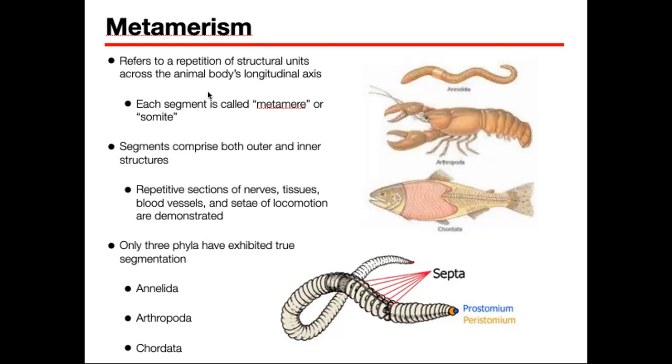So this is basically a repetition of structural units across the body of the animal. Each of these segments is what we call a metamere or somite. Okay? And segments comprise both outer and inner parts, not just inside. This can include repetitive sections of nerves, tissues, blood vessels, and setae for locomotion.